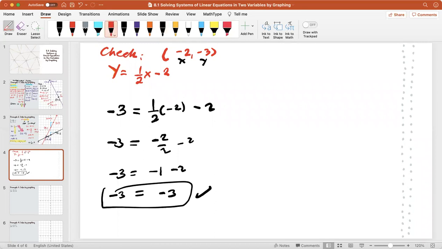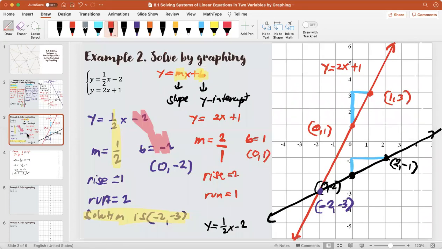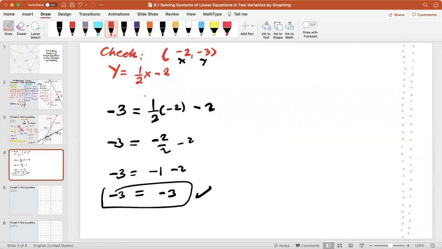But there's one more thing. It must satisfy the second one, it must satisfy y equals 2x plus 1. So let's plug in again. y is -3. We have 2 times x, and x is -2, plus 1.